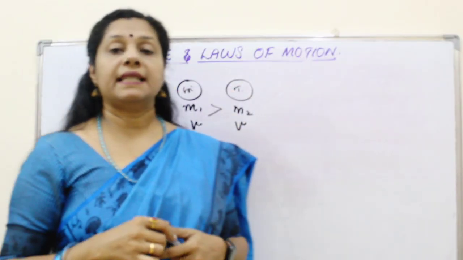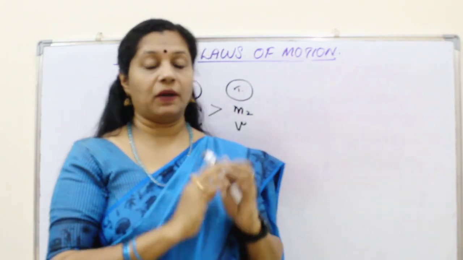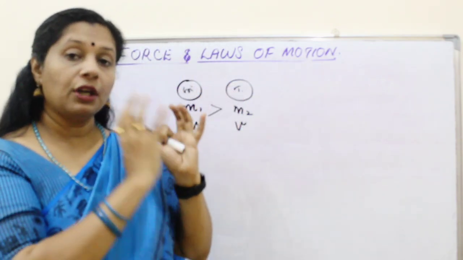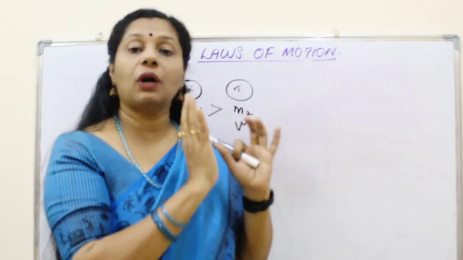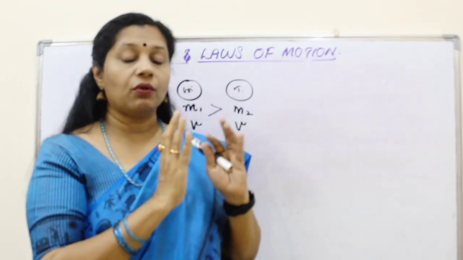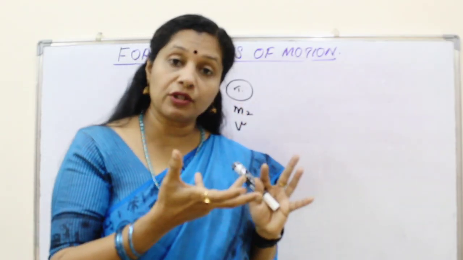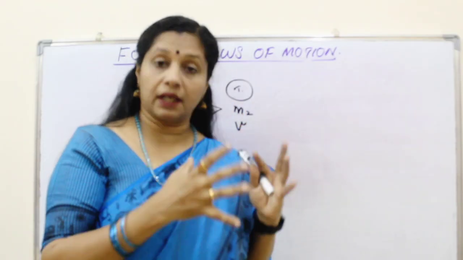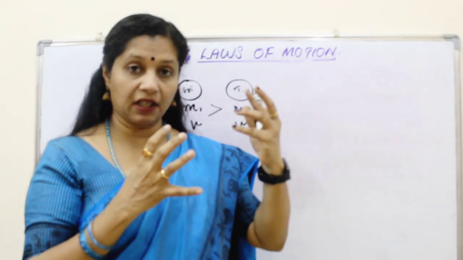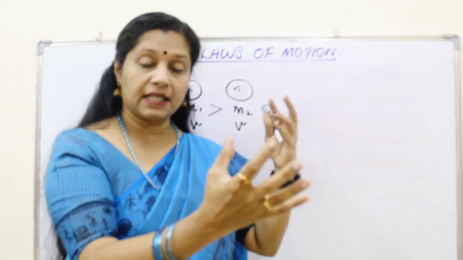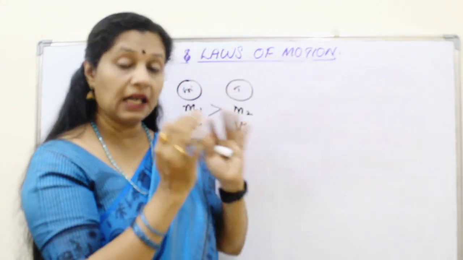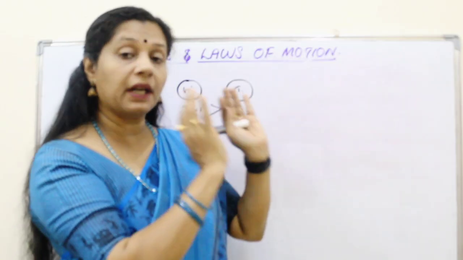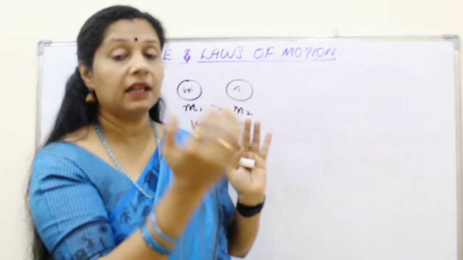Now let's see when we are trying to stop it. Whenever we are trying to stop a moving body, we need to apply an unbalanced force. Which one should you apply more force to stop? Of course the cricket ball, right? Both are coming with the same velocity, but the force required to stop the cricket ball is more than that of the tennis ball.